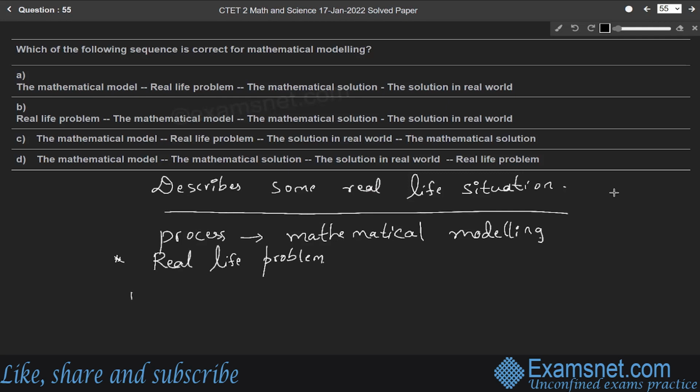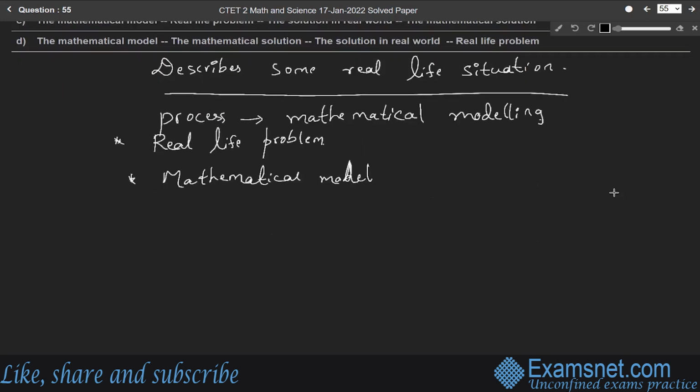Then mathematical model. Mathematical model, that means a mathematical relation that describes real world problem, right? Mathematical model describing the real life situations.